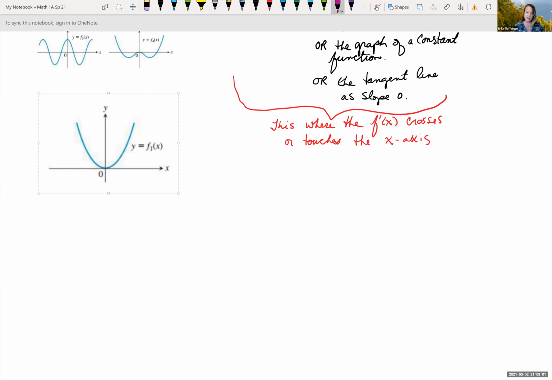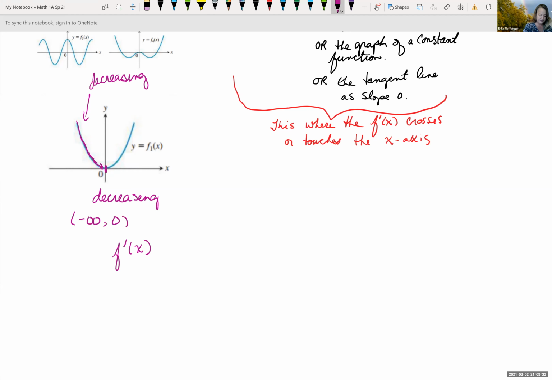Well, from the left, coming in from negative infinity until I hit 0, so from negative infinity to 0, I notice that my graph is going downwards if I'm moving left to right. So this is decreasing here. This means that my derivative function, that slope, f prime of x, has to be less than 0.